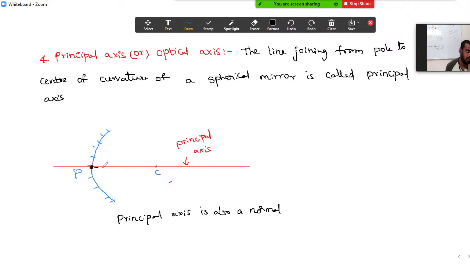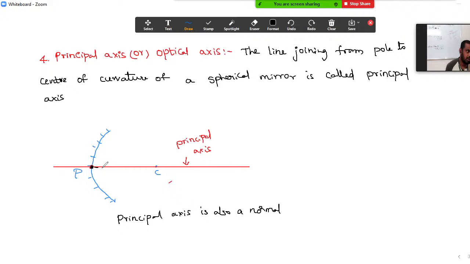The distance from pole to center of curvature of a spherical mirror is called the radius of curvature.